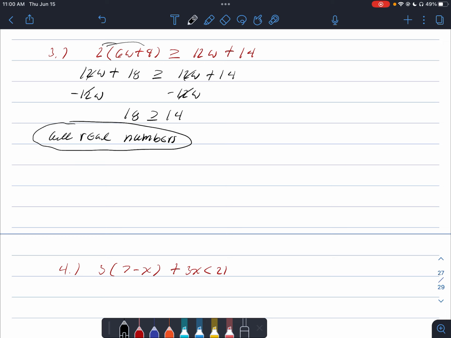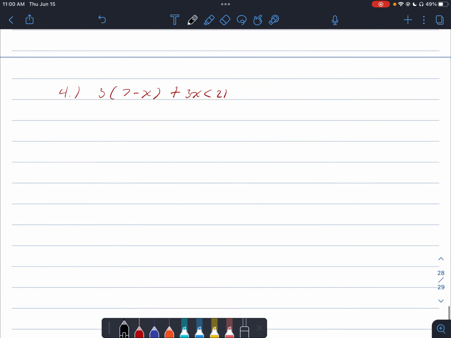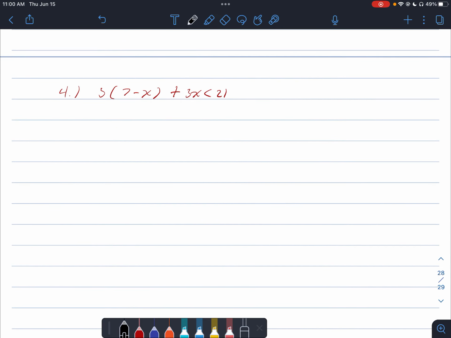Let's take a look at another example. Here we have 3 times 7 minus x plus 3x is strictly less than 21. Let's start by distributing this 3. We'll end up with 21 minus 3x, plus 3x, and that's going to be strictly less than 21. The 3x's cancel, and now we're left with 21 is strictly less than 21.